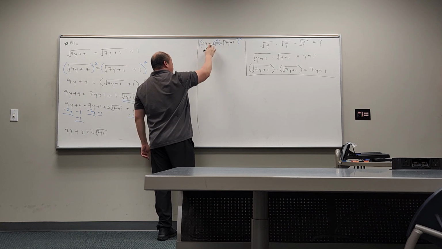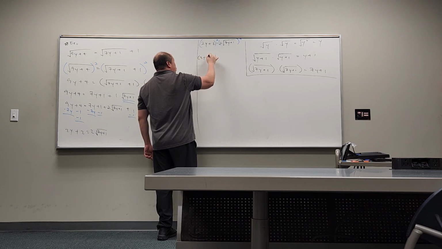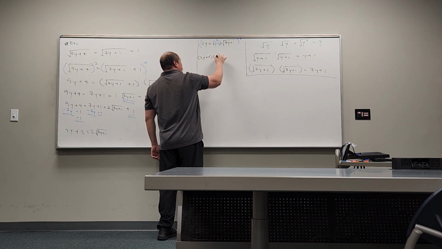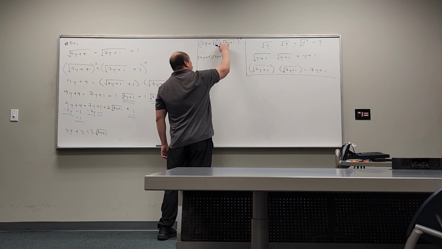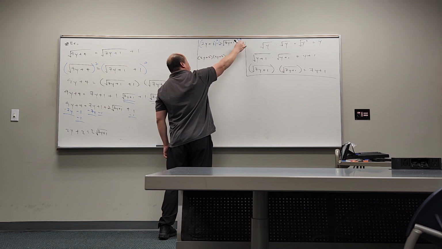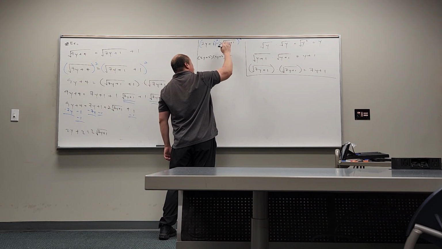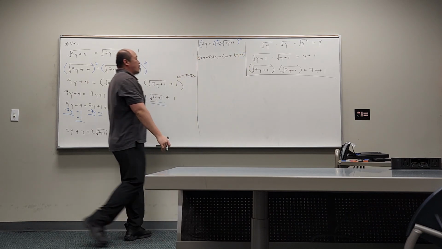Over here though, this becomes a FOIL problem. So on the left-hand side, that's 2y plus 2 times 2y plus 2. On the right-hand side, 2 squared is 4. And then the square destroys this radical. So that will just be 7y plus 1.